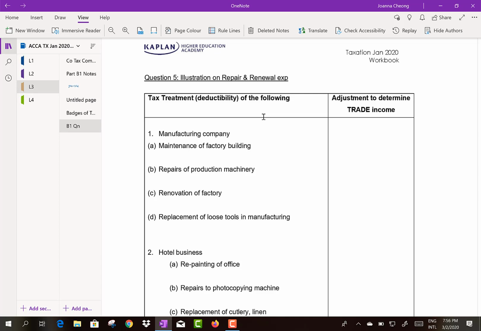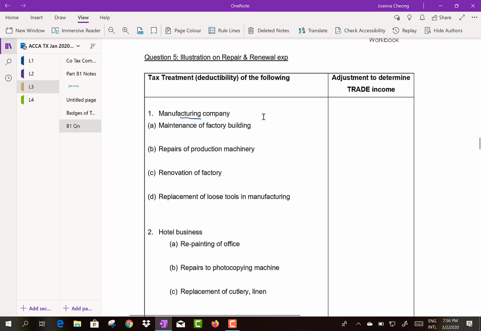So imagine you are in a manufacturing company. You're trying to find out whether the following expenses are deductible against your trade income or not. Okay, your section 14.1c. Okay, by the way, must you memorize all the section numbers? I have not asked you this question, right? Must you memorize all the section numbers? If you can, memorize that.